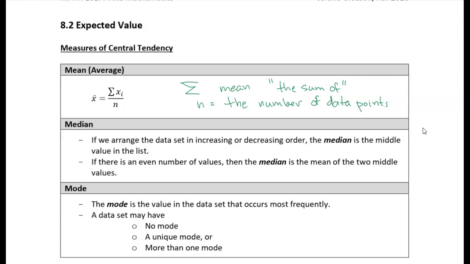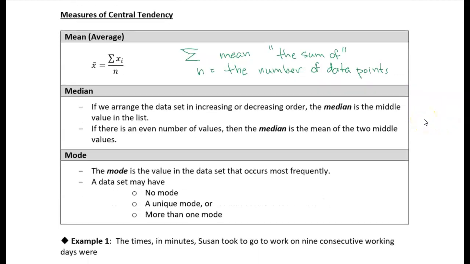In that case, to find the median, you just take the average of the two middle values. And the mode is just the value that occurs the most frequently. So you just count up how many occurrences you have of each outcome and figure out which one occurs the most often.